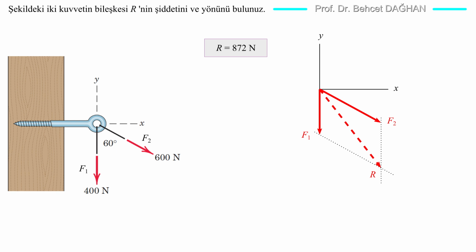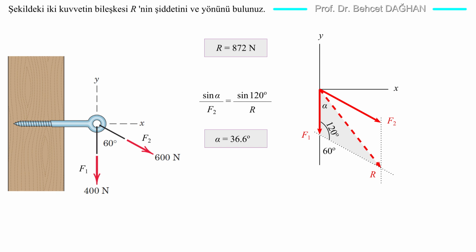To find its direction, we consider one of the resulting triangles. In this triangle, we find the angle by using the sine theorem. We find the angle that the resultant makes with the y-axis. Let's call it alpha. Let's find the angle alpha. The side opposite to angle alpha is the same length as the force F2.